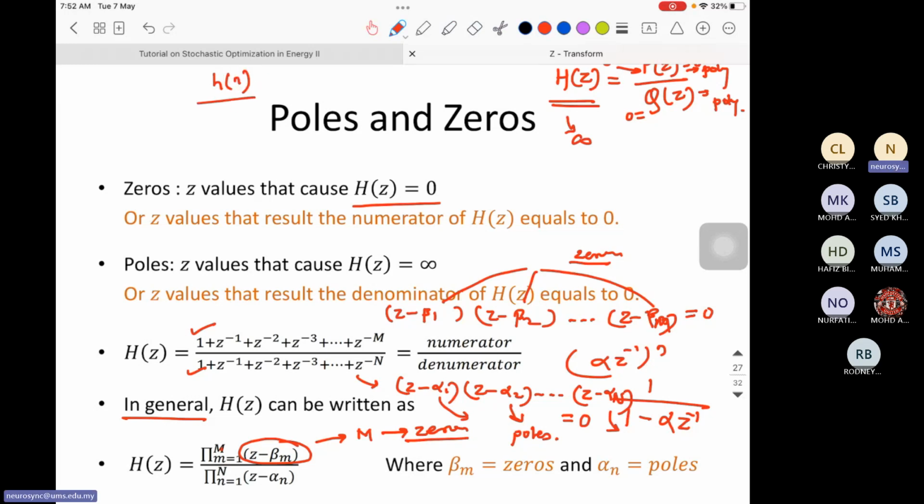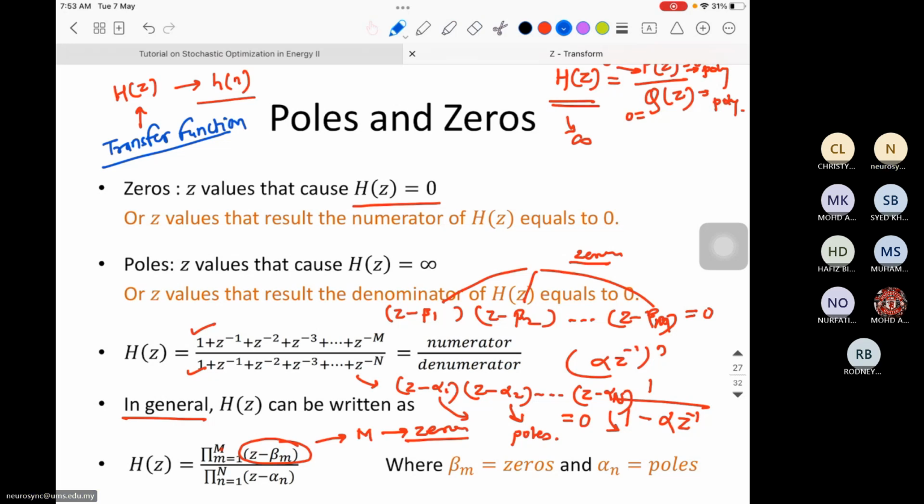The Z transform of this impulse response is H of z, which is also known as the transfer function.